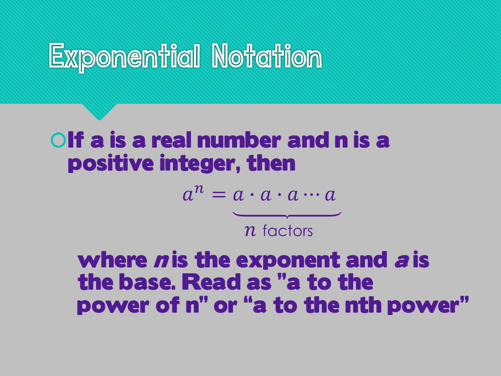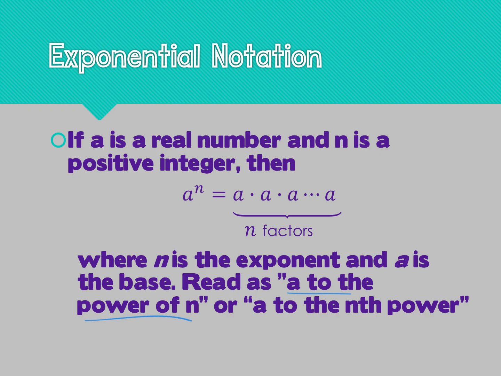Now, something a little bit more proper would be something like this. This is our mathematically correct way to say something in exponential notation. If I have some real number a and a positive integer n, then I have a to the power of n.